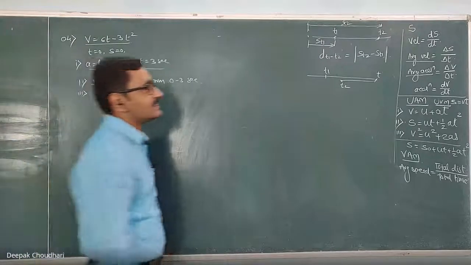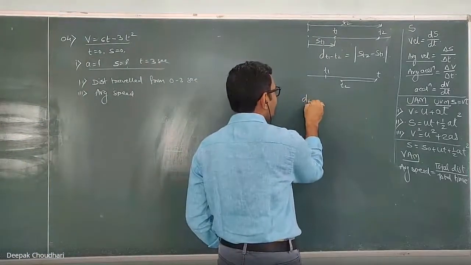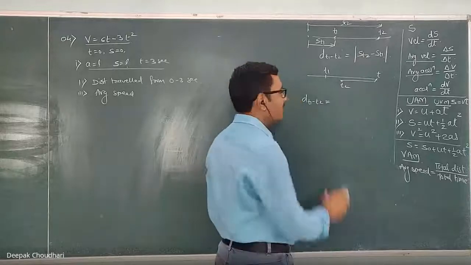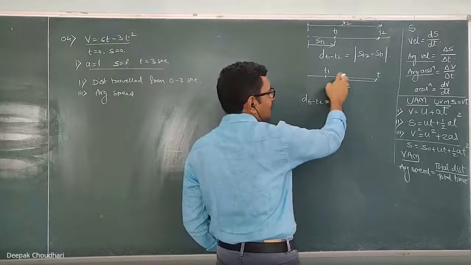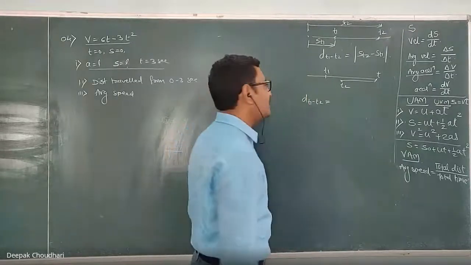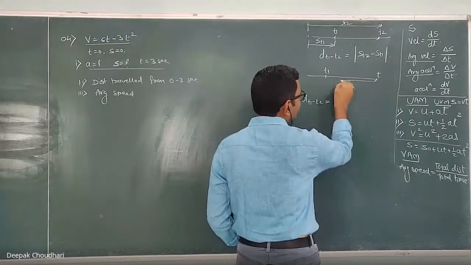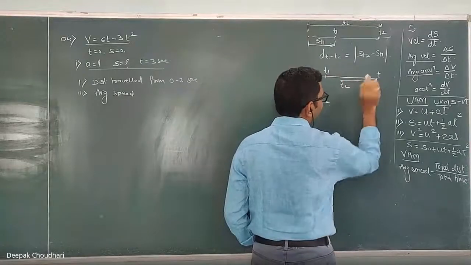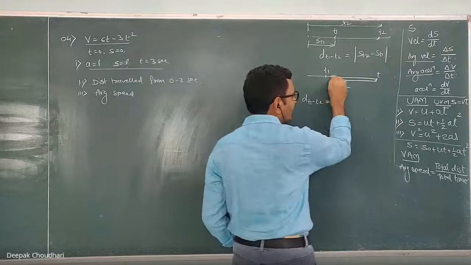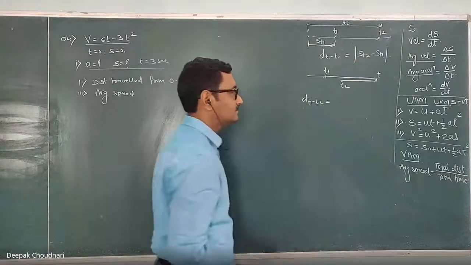In this case, when the particle reverses direction of motion, to calculate the distance traveled from T1 to T2, you have to split this interval into two parts. From T1 to T, one interval, and from T to T2, another interval. Because the total distance traveled is the summation of these.